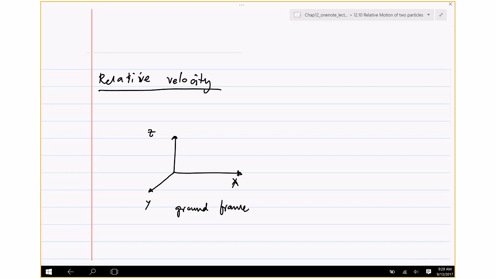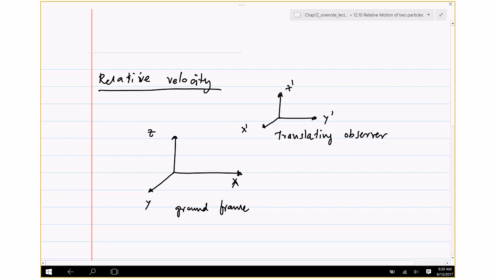We also have another frame or axis which is moving. In this case, we are only interested in a translating axis. It could also rotate. I'll call that x prime, y prime, z prime, and it is a translating observer.